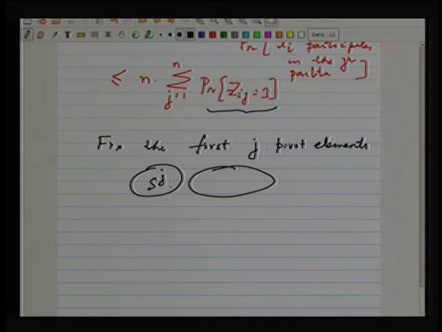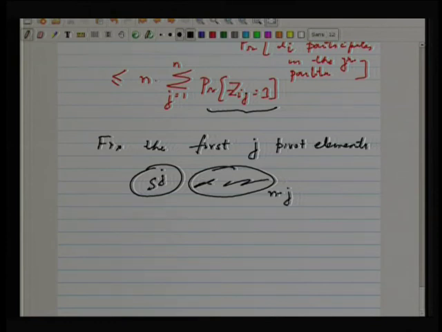So, we have fixed the first j elements of a random permutation. It is no longer that random, and so you only have choices of permuting the remaining n minus j elements at random. By fixing the first j elements, I can still permute the remaining n minus j elements, but this is for a fixed choice of j elements. Now, all permutations are equally likely.